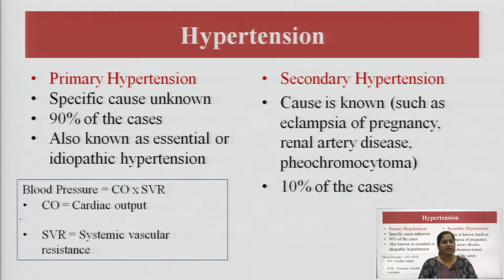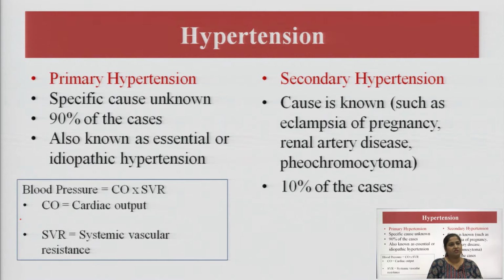You have heard that a pregnant woman is hypertensive. Before pregnancy she did not have any such condition, but with the pregnancy she developed hypertension. So, this will be considered secondary hypertension, and certain more reasons are there, that is renal artery diseases or pheochromocytoma. That means there are two types of hypertension, first primary hypertension and second secondary hypertension.